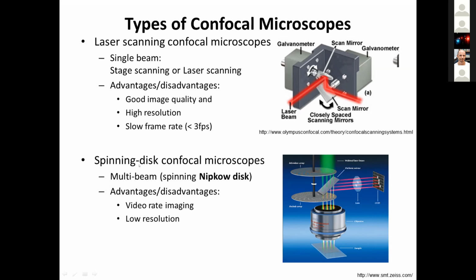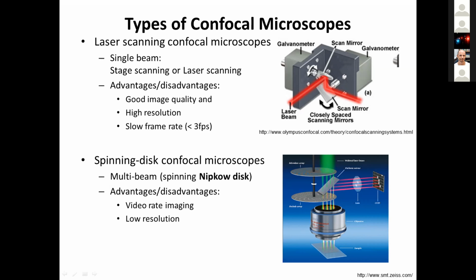The other possibility is to use a multi-beam, and for this the spinning disc confocal microscope was designed, based on the Nipkow disc, which has micro lenses and multiple pinholes. We can collect light coming from different places in the sample at the same time, and then acquire all of them on the camera.